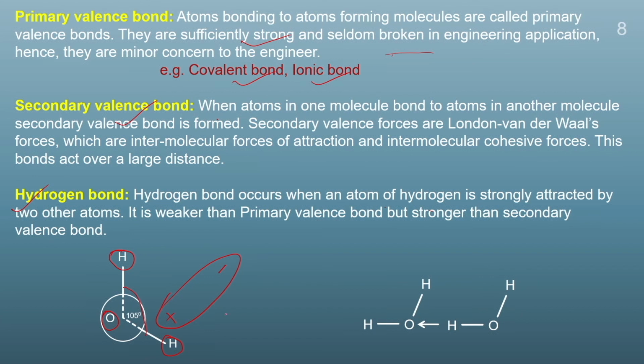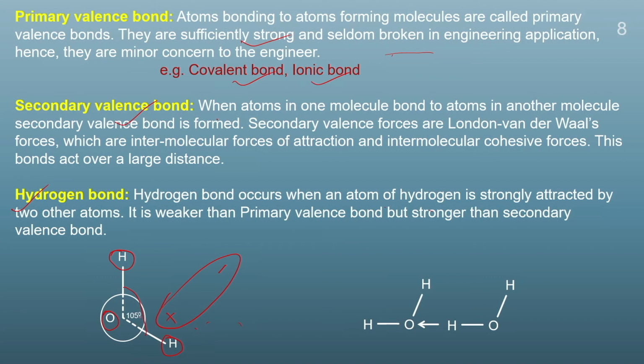This hydrogen bond is an intermolecular force between molecules. It occurs when an atom of hydrogen is strongly attracted to two other atoms, but in this bond the hydrogen cannot decide to which atom it has to bond, so it will oscillate between them.